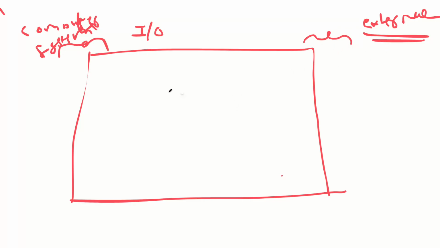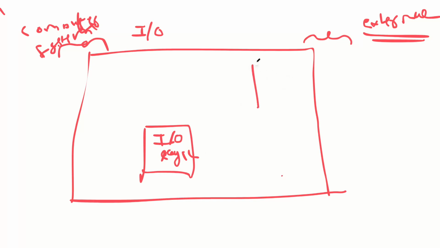Now when you consider the I/O module, the first thing is there is I/O logic. This is our I/O logic. Now we have an external interface for each of the external devices.